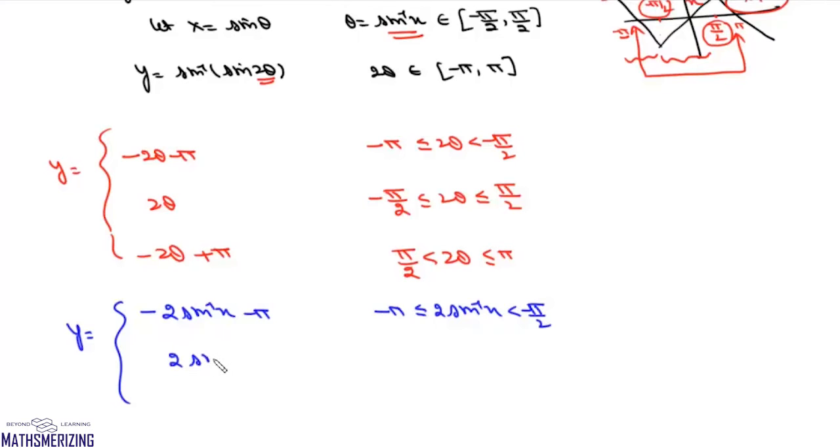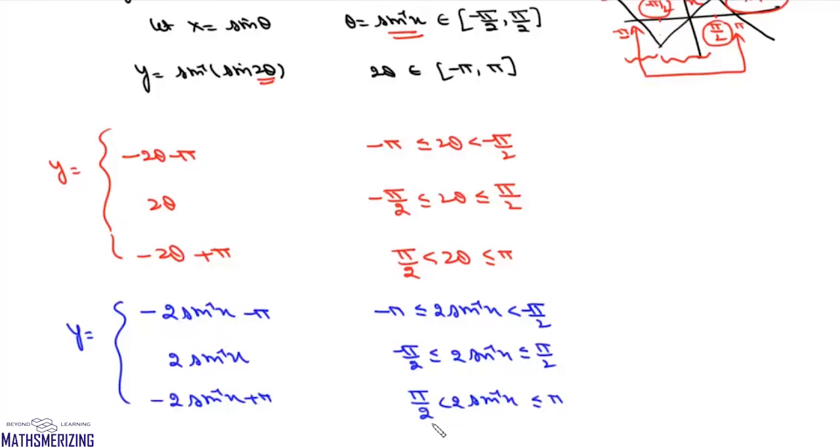It'll be 2 sine inverse of x when 2 sine inverse of x lies between minus pi by 2 and plus pi by 2, and it'll be minus 2 sine inverse of x plus pi when 2 sine inverse of x is greater than pi by 2 but less than or equal to pi.